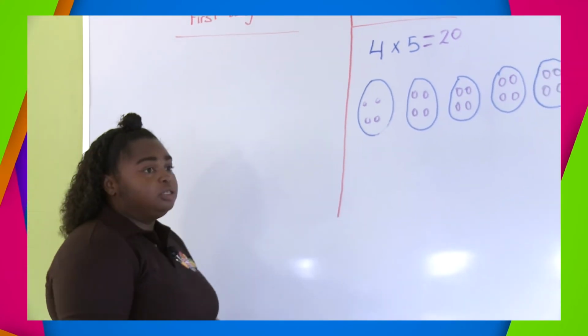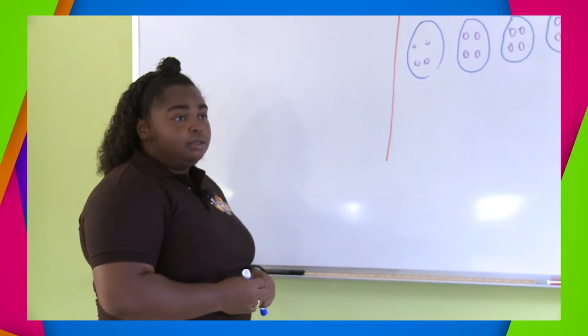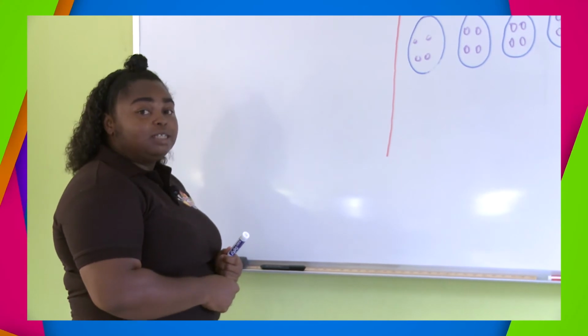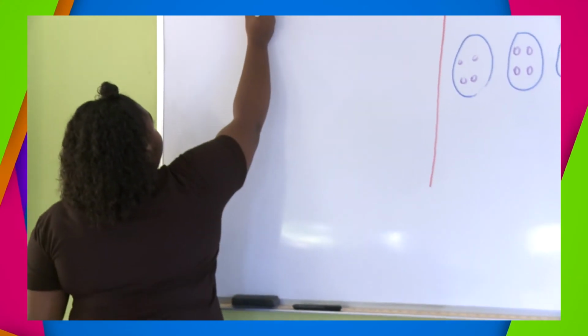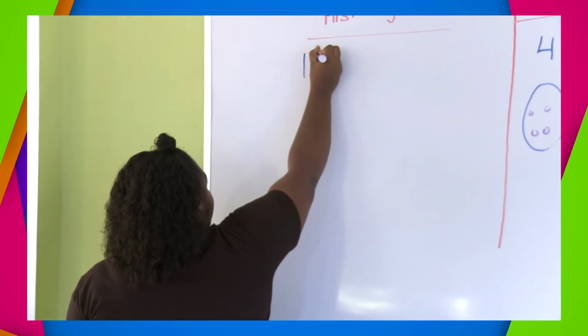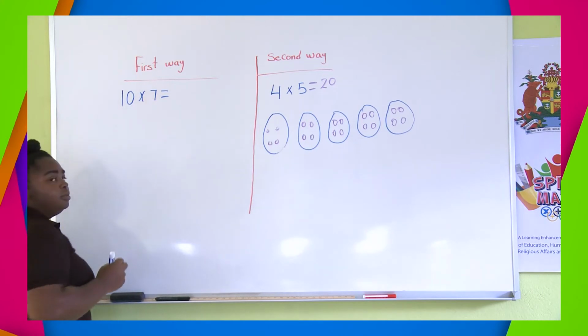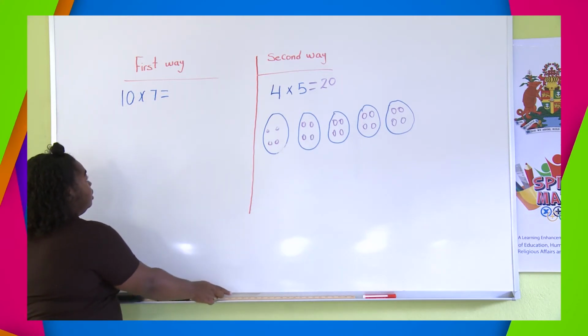Now we're going to go back to the first way where we use the repeated addition. Now this time our equation is 10 times 7. Please write that on your paper. Do you have it? Now let's put down our working.